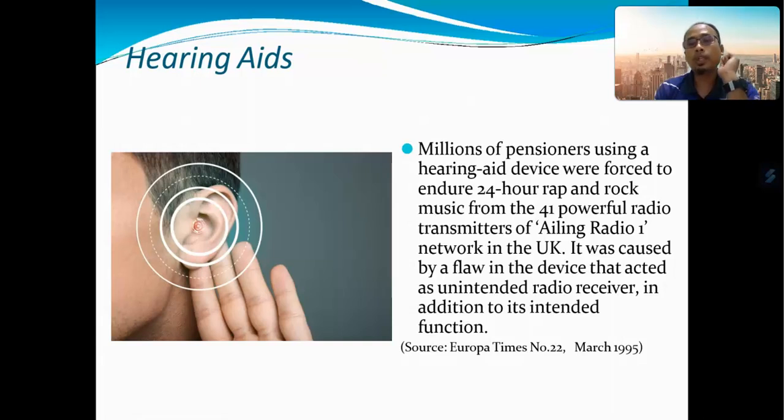So it has to function at the same time, and because of the electronic interference from the radio transmitter, this is one of the things that we need to avoid.